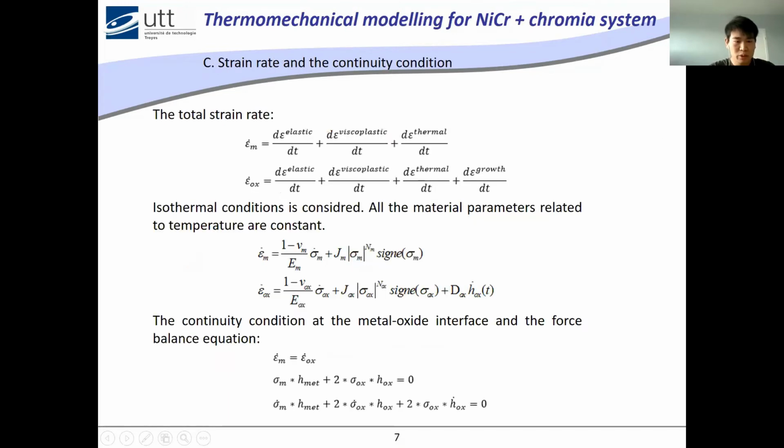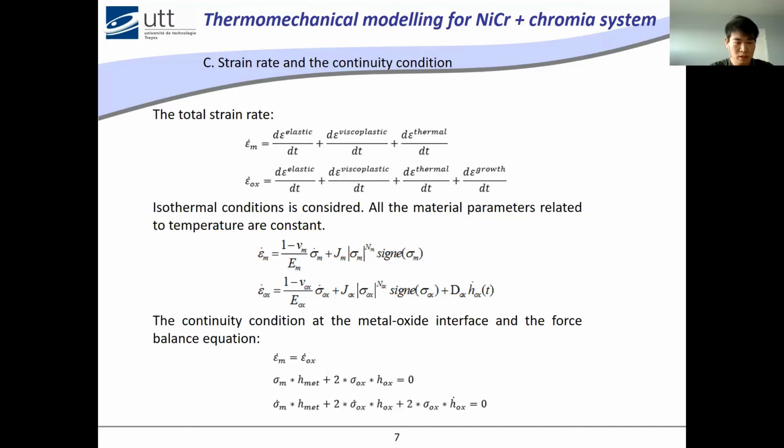The total strain rate of metal is the elastic strain rate plus viscoplastic strain rate plus thermal strain rate. And the total strain rate for oxide is the elastic strain rate plus viscoplastic strain rate plus thermal strain rate plus growth strain rate.